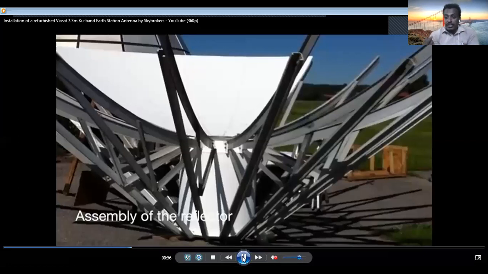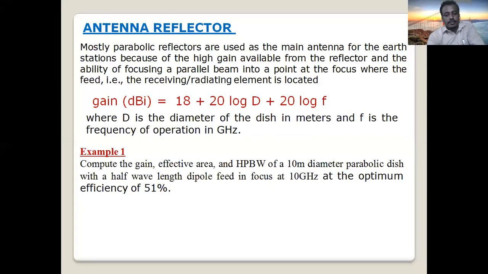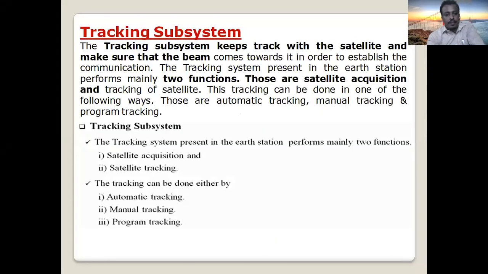Its first function, data acquisition. So as you can see here, this tracking subsystem has 2 functions.